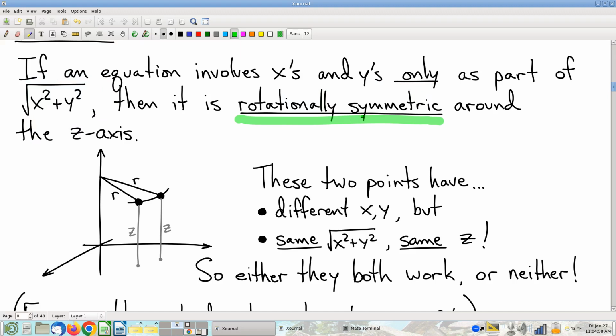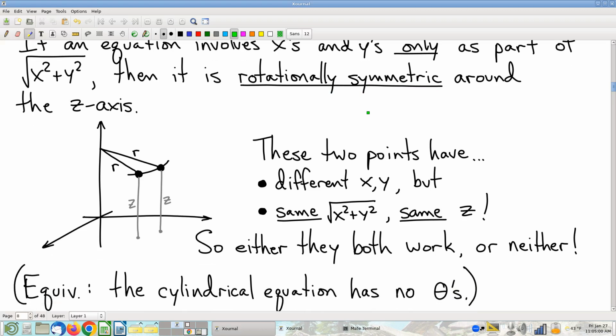And the idea is to look at a couple of points that are rotations of each other. You got this point here, and we got this point here, and they have different x's and y's. These are not the same points. And if you were to plug these points into a generic equation, you would assume you would get different answers because they are different points with different coordinates. But the thing is, in such an equation, these x's and y's give me the same value of r because they're rotations of each other.